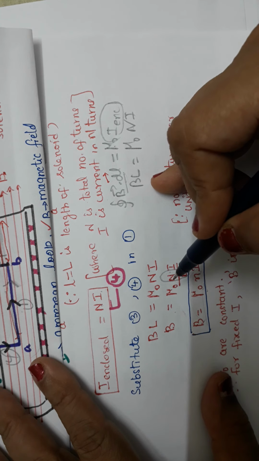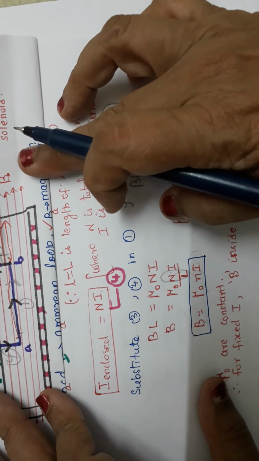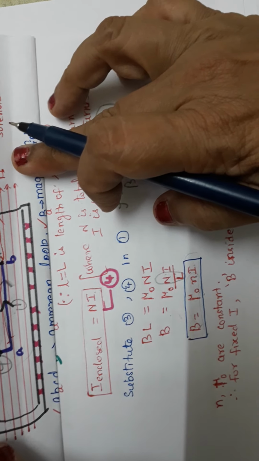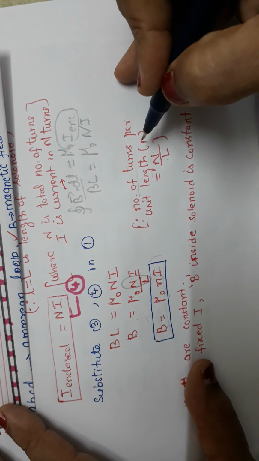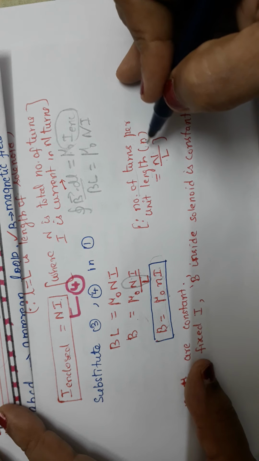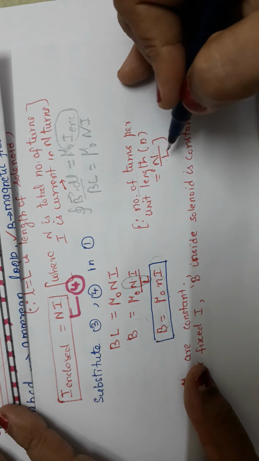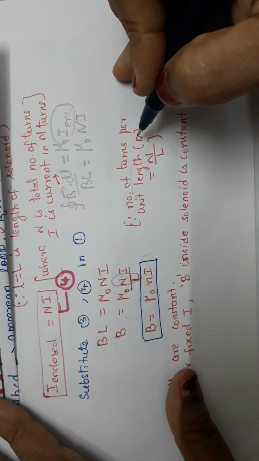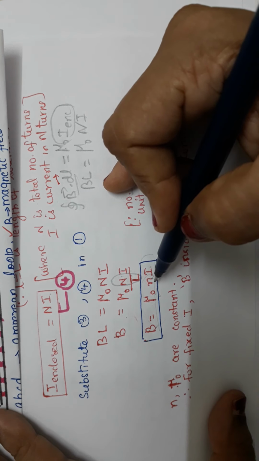So B is equal to mu naught N I by L. N by L can be replaced as small n, where small n is the number of turns per unit length. So number of turns per unit length is capital N by capital L. Total number of turns by total length. So N by L I have replaced it as small n.